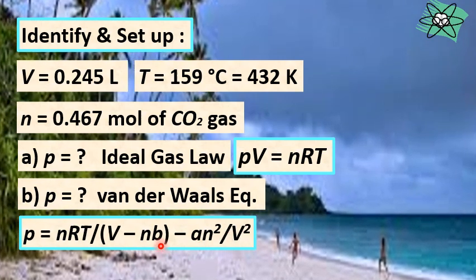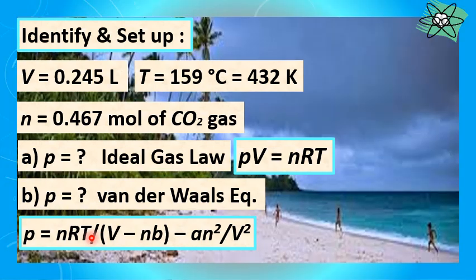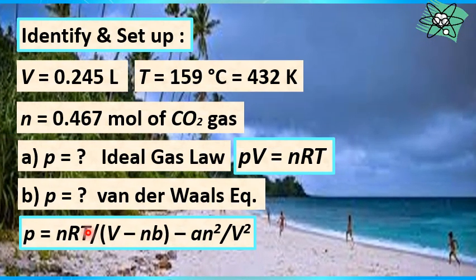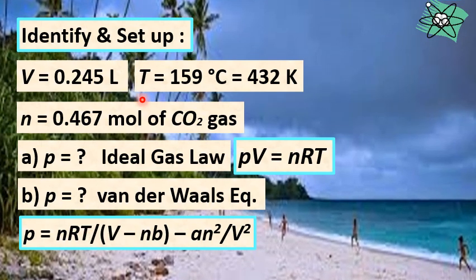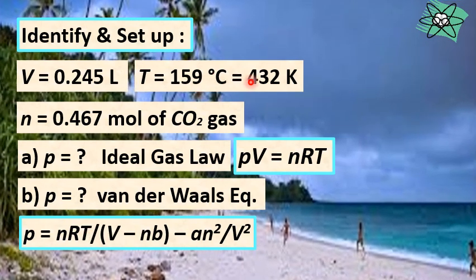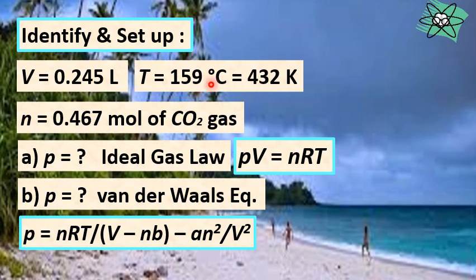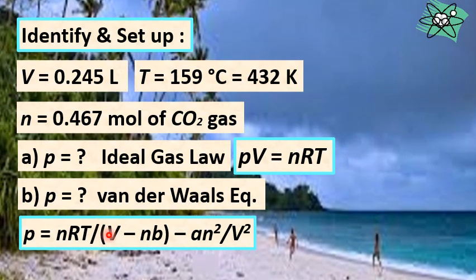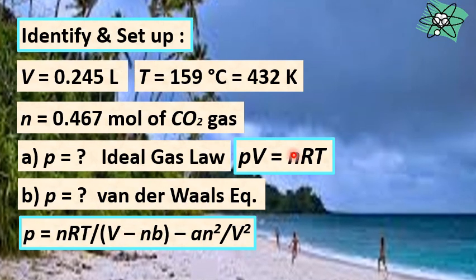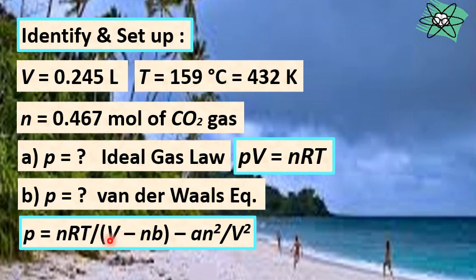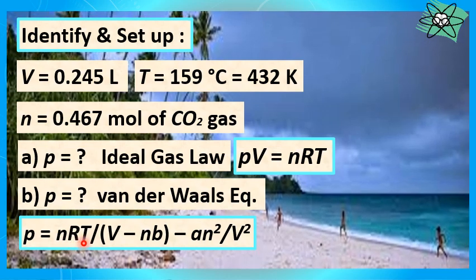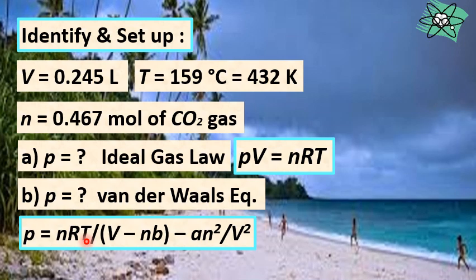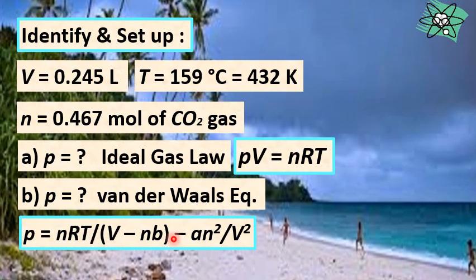You should remember that the temperature T given is in Celsius. That is the reason why we have to convert it to Kelvin, because in using both equations, PV equals nRT and the van der Waals equation, both of them require that the temperature T must be in Kelvin.